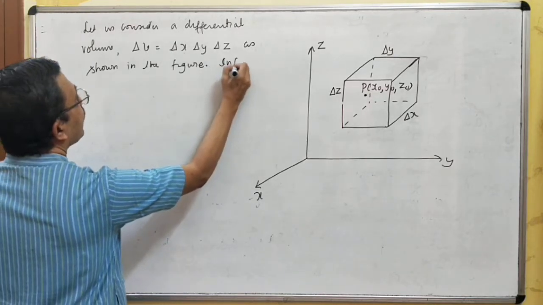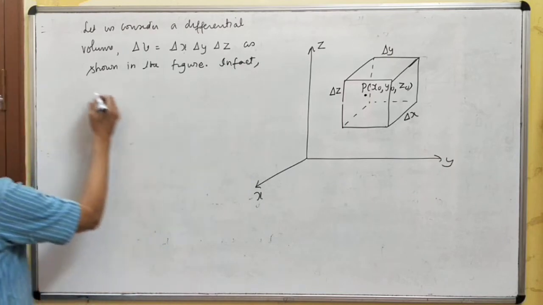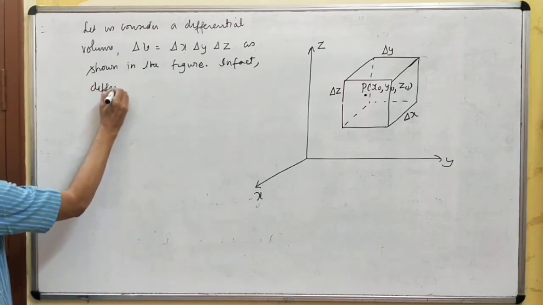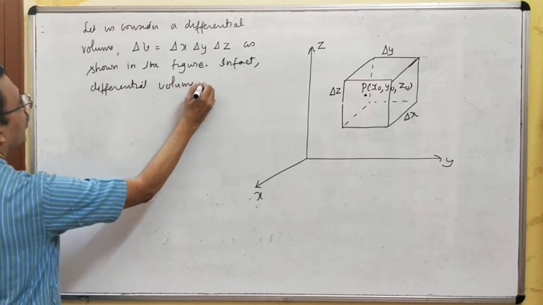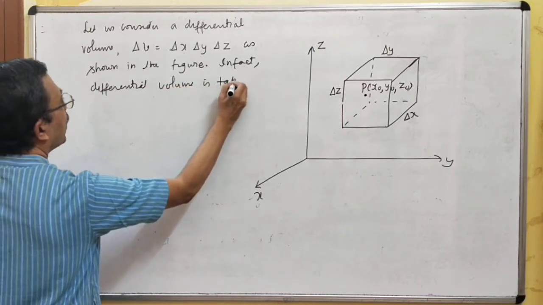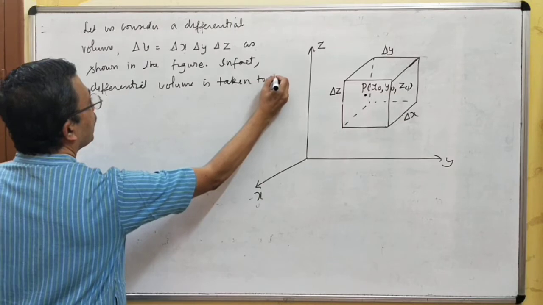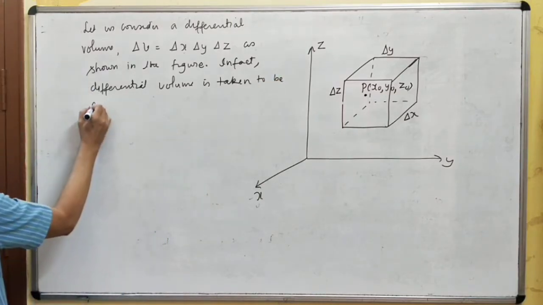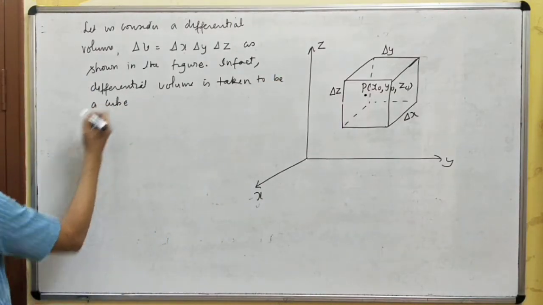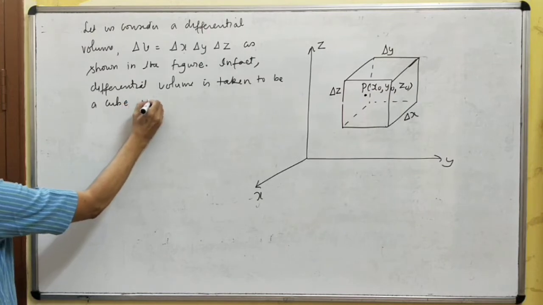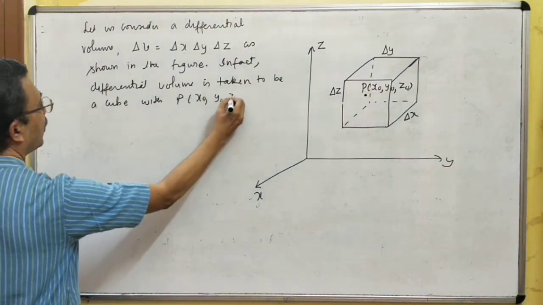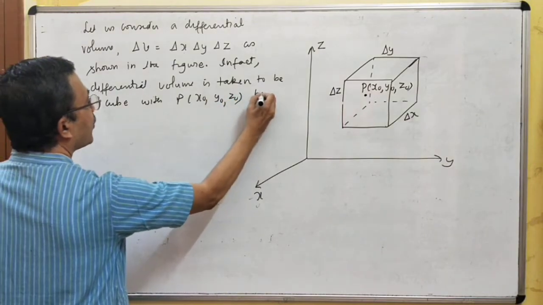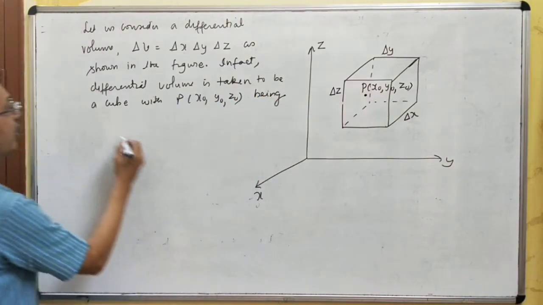In fact, differential volume is taken to be a cube, with P x0, y0, z0 being its midpoint.